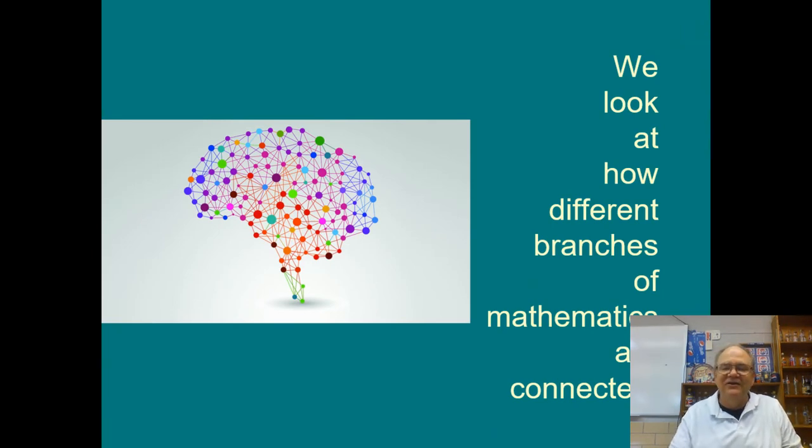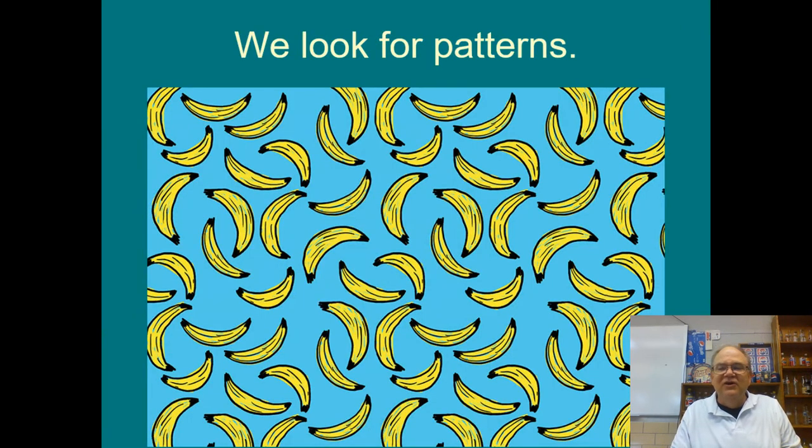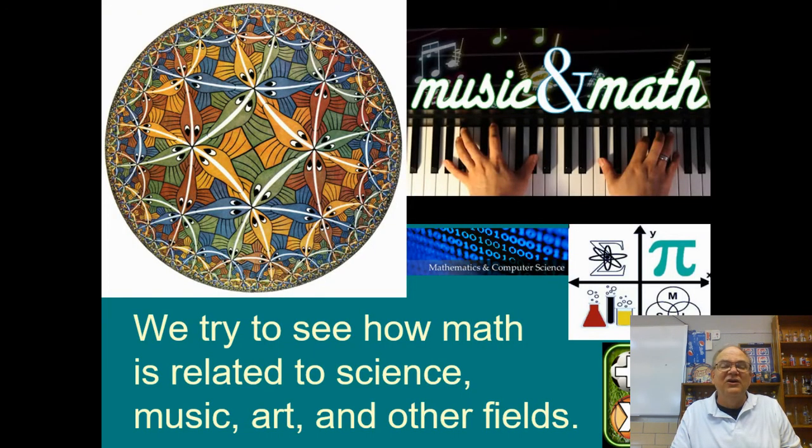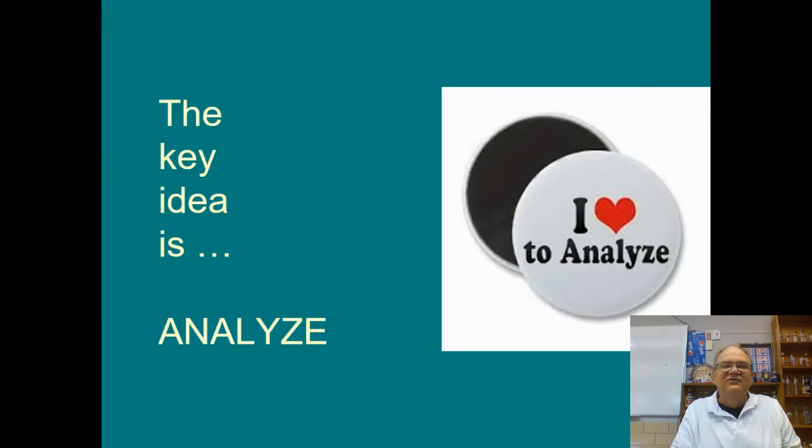How are they connected? We're going to try and look at patterns. And we'll also look at how math relates to things that are outside math. How does it relate to science, music, art, all kinds of other things? So the key thing is analyzing, looking at stuff in detail.